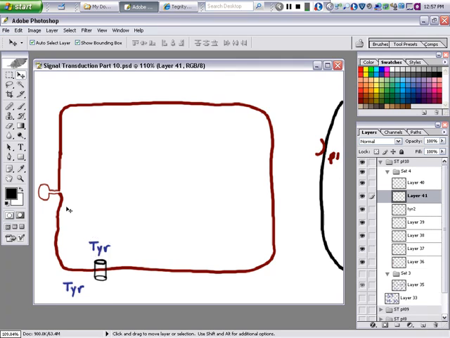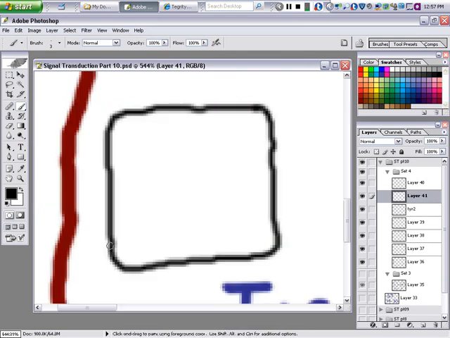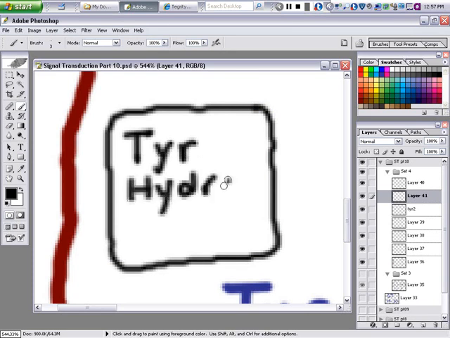So there's going to be an enzyme here, and this enzyme is called tyrosine hydroxylase.